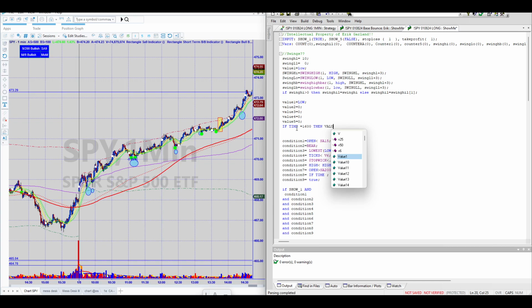Or we could call it close of day, close D, because it's the prior day and it was already closed. Oh yeah, actually we could just do that because there's close D and open D.